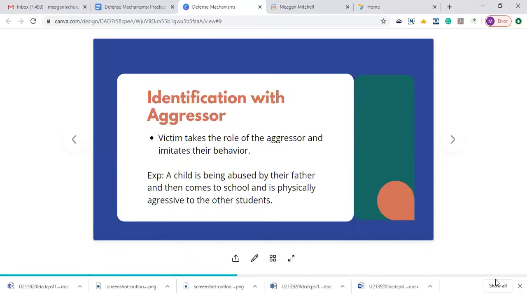That child is taking on the role of the aggressor, imitating the behavior that is put onto him. Very, very common. An example of this also can be if someone was bullied and then they become the bully themselves and are expressing that same behavior that was done to them. So that is identification with aggressor.